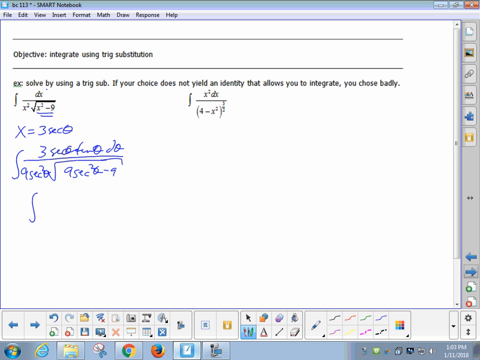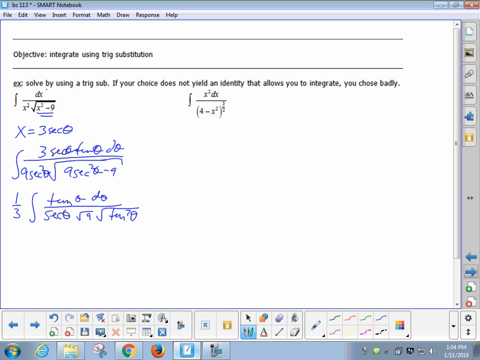I could divide a 3 and a 9 out. I could divide out a secant. And then let me go inside the root. Inside the root, I'd have a root 9, or a 3, and the root of secant squared minus 1 would become root tangent squared.